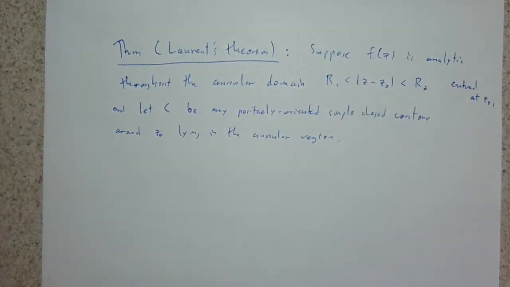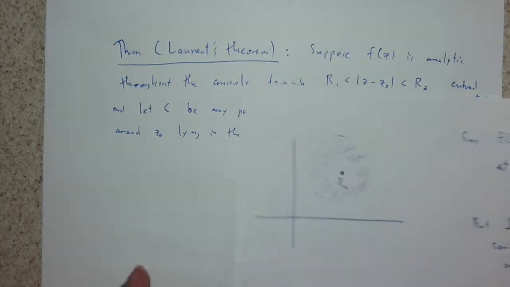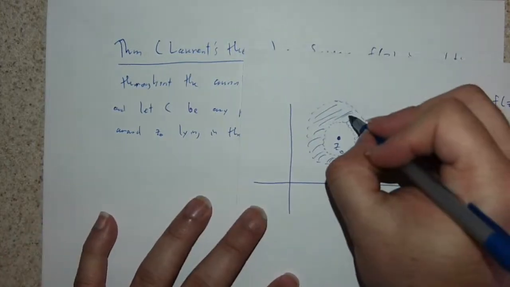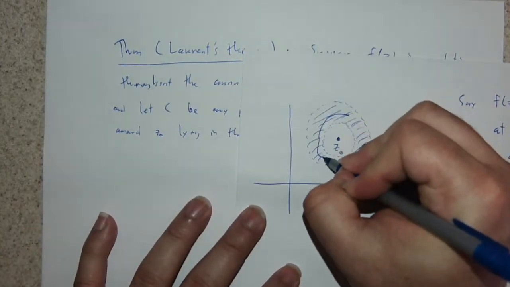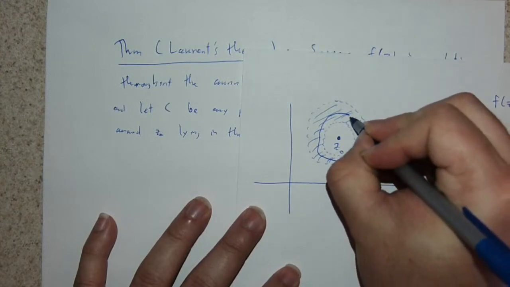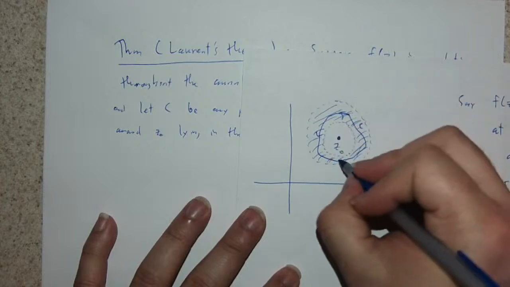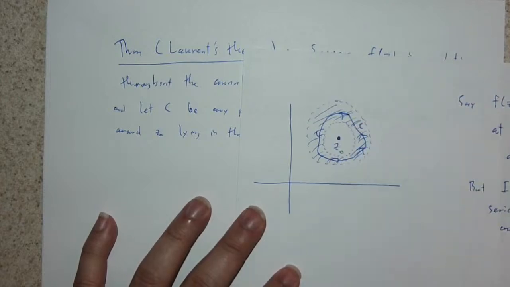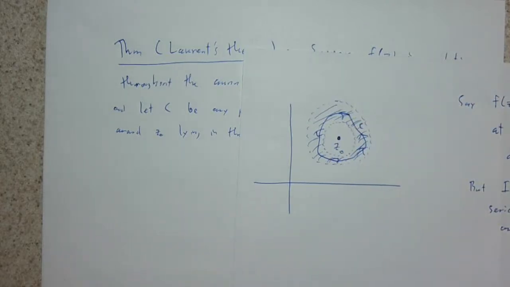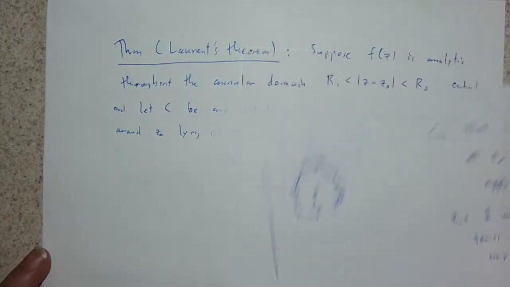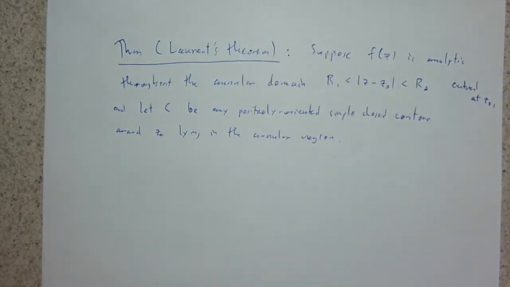Okay, so again, bringing back our picture, here's C, right? There's my positively oriented simple closed contour C. Okay.